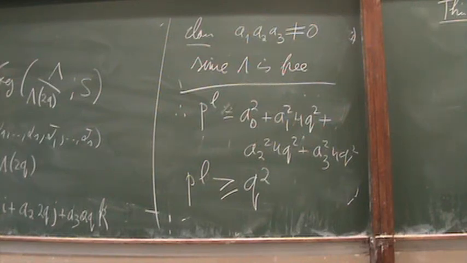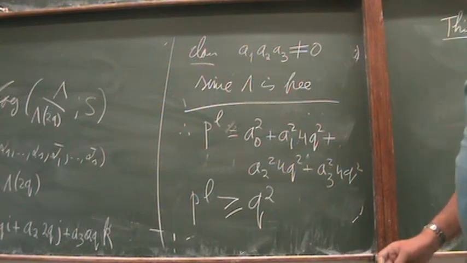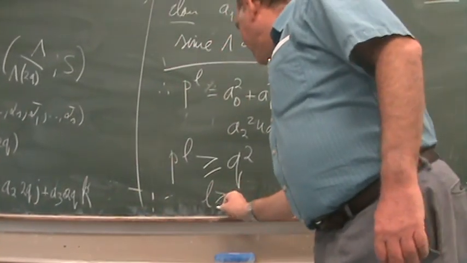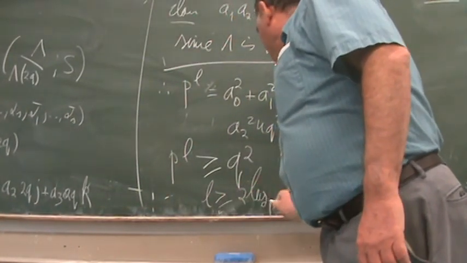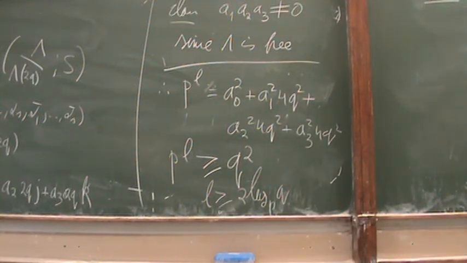Can't you claim 4q? Yes, I can claim 4, it's only a constant. I can claim 4, but I don't care. I could even add a small constant. So therefore, L is at least 2 log base p of q. That's all. So trivial.